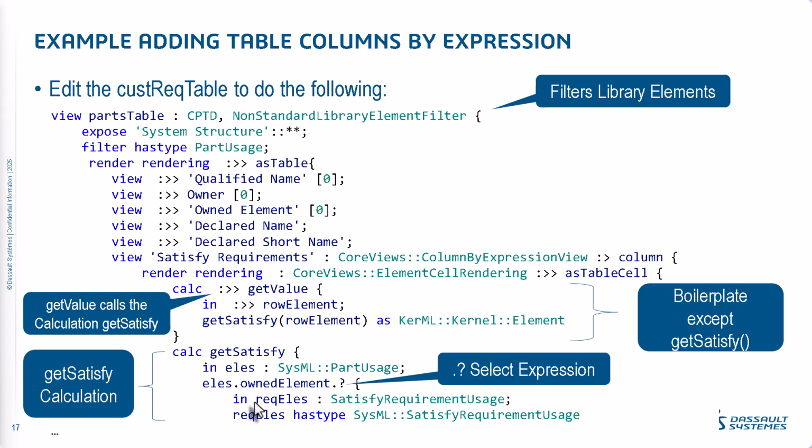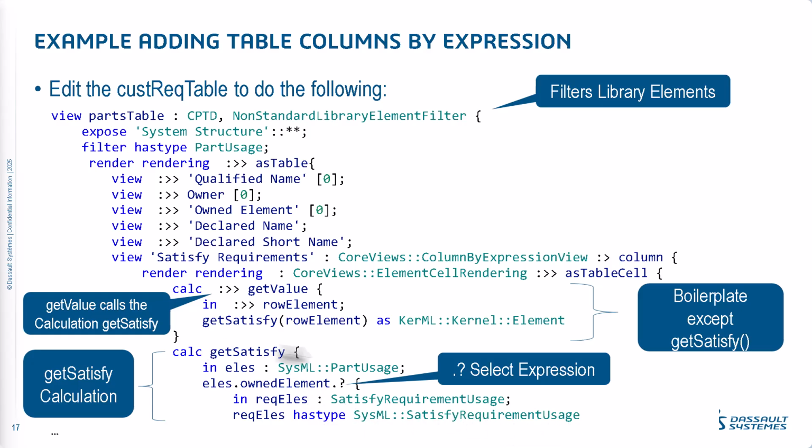So again, I give it this input. I'm saying the input is expected to be typed by this, and then I give it an actual query: reqLEs has type satisfy requirement usage.